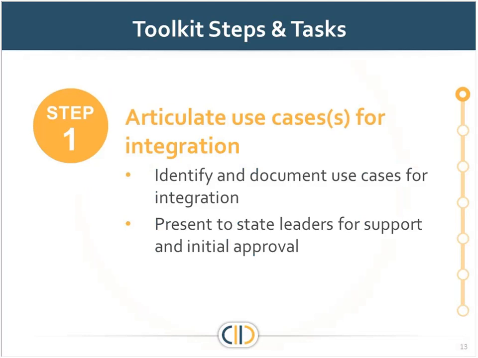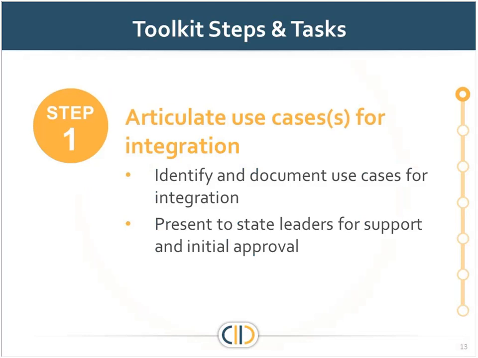So step number 1, as we briefly discussed earlier, is focused on articulating a use case for integration. Within this step, you and your colleagues will identify and document the use case, the justification for why we should be integrating. To do so, you may need the approval of state leaders within your state to ensure everyone is on the same page as to why and how you would generally be integrating.